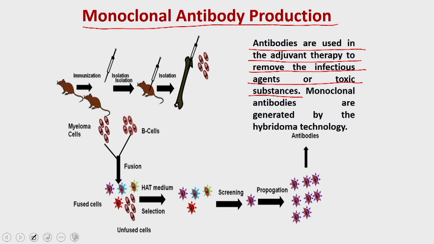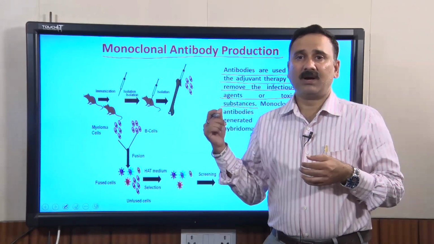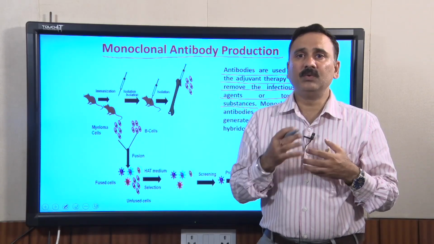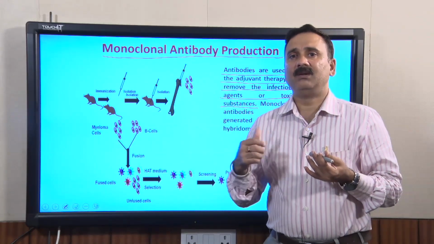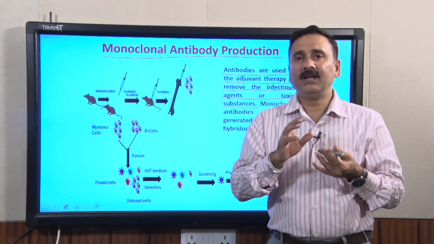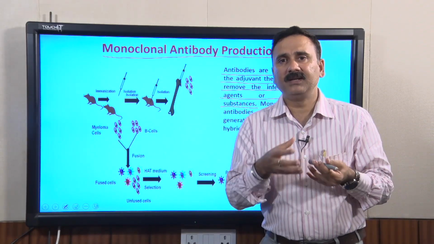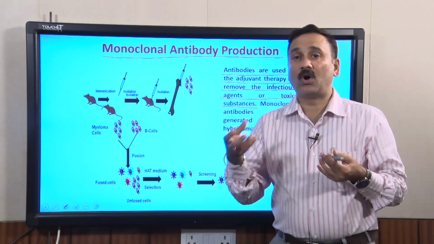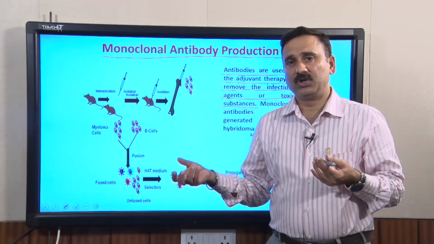These enzymes can be neutralized simply by using a monoclonal antibody against them. If you inject these monoclonal antibodies into a patient, they bind these enzymes, and then the cellular system recognizes these antibodies, and that is how these enzymes, proteinaceous substances or infectious organisms can be removed from the circulation.